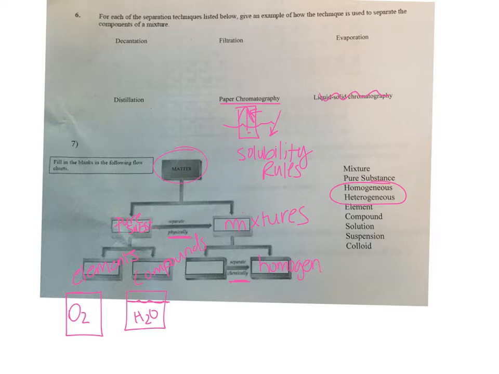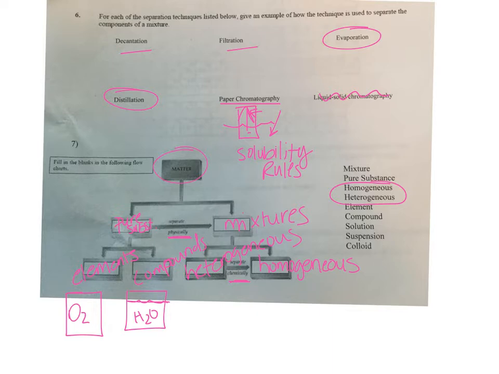And most likely, you're going to be using something like evaporation or distillation for your homogeneous things. Your heterogeneous things, where you can see chunks, you usually can use decantation and filtration, okay? Paper chromatography is just its own little category. Usually it's for your homogeneous as well.